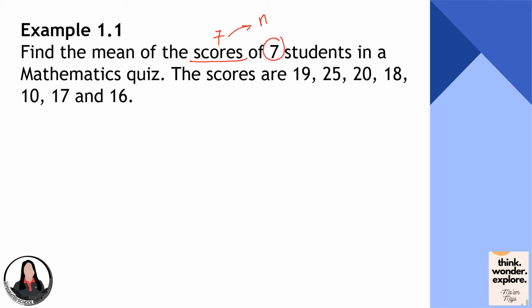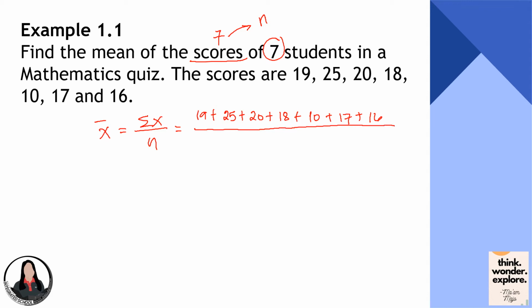Let us follow the formula. X bar is equal to the summation of all x's all over n. For the summation of all x's, let us add 19 plus 25 plus 20 plus 18 plus 10 plus 17 plus 16, all over, kunin natin total sum yan, all over the value of n, which is 7.